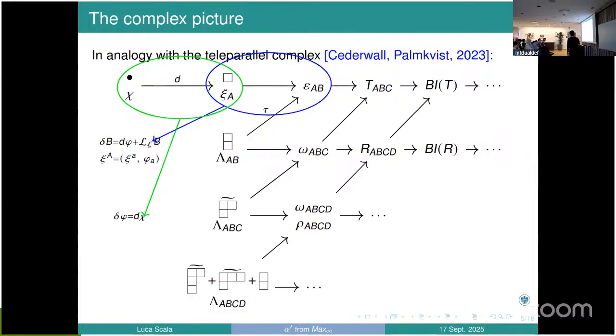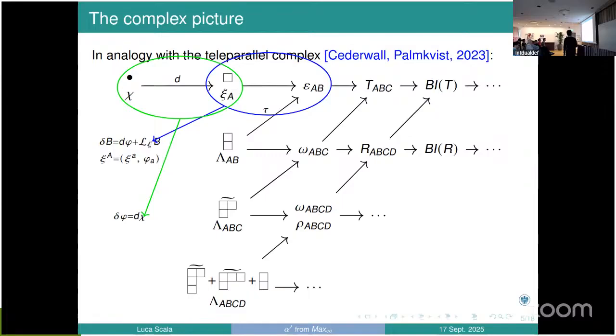But this gauge parameter has another gauge symmetry, so you have another gauge parameter here that generates this CA. This is how this complex works: you have some gauge parameter, by a D you generate another, bigger gauge parameter. From this generalized gauge parameter, with a D, you generate degrees of freedom. With a D, you generate your torsion and curvature.